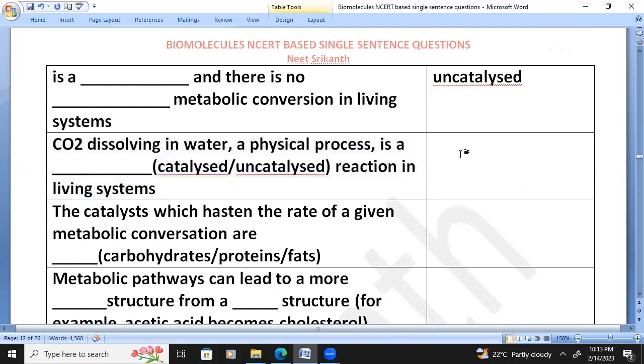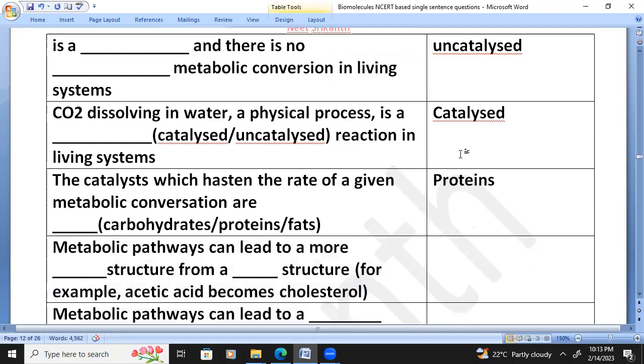Carbon dioxide dissolving in water, a physical process, is a catalyzed reaction. The catalysts which hasten the rate of a given metabolic conversion are proteins.